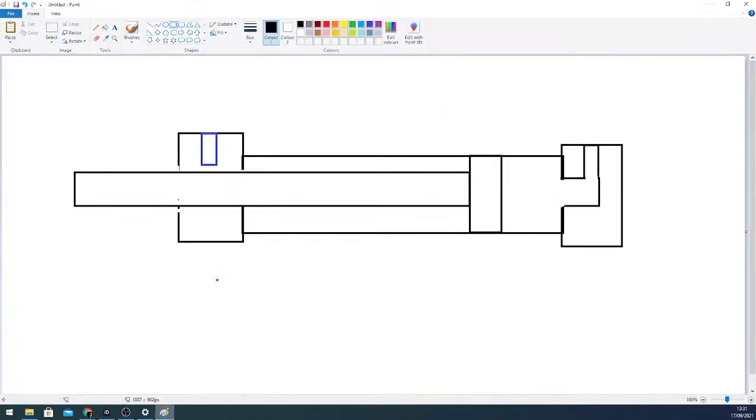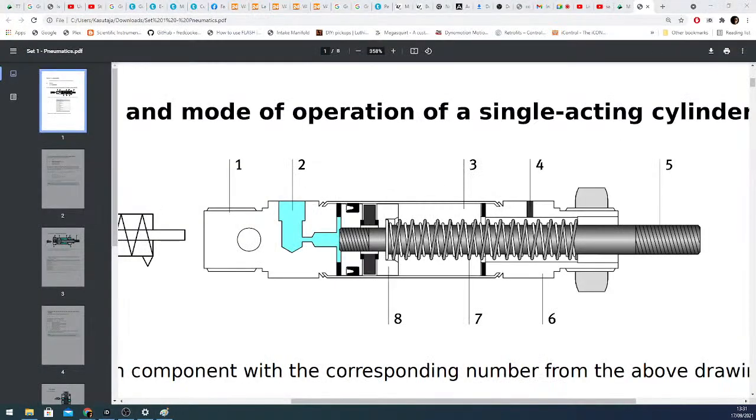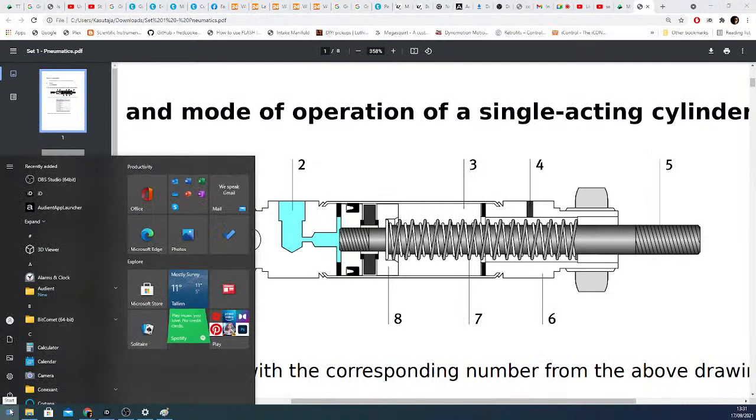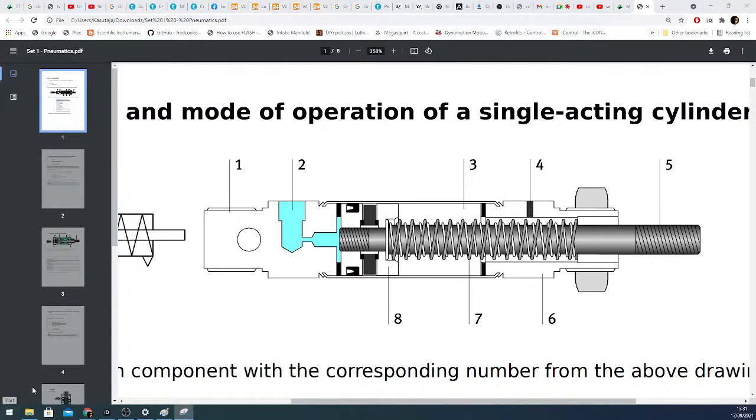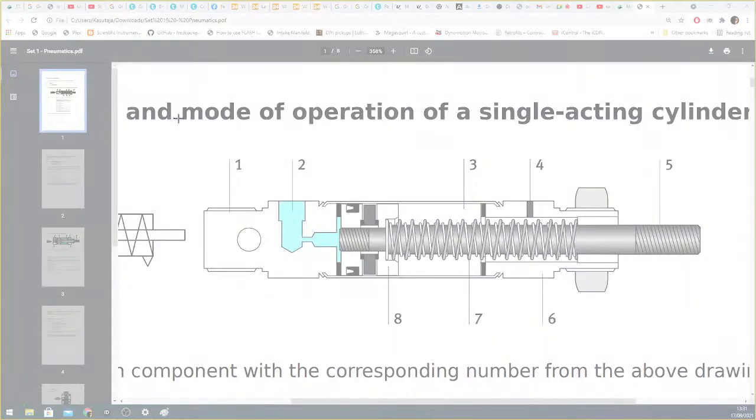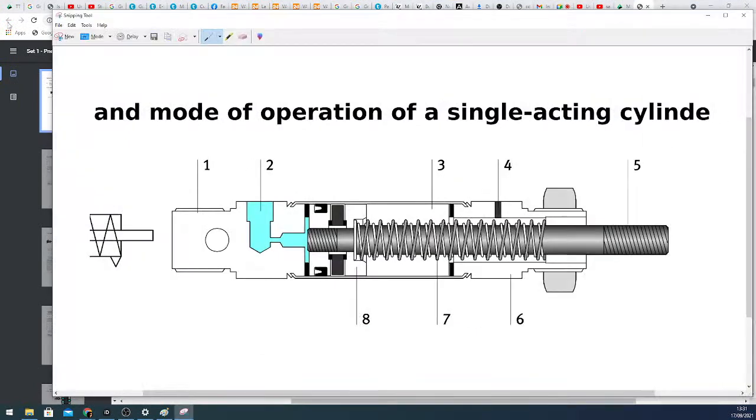So the only thing we need to do is put in compressed air from this side, so the cylinder moves out.